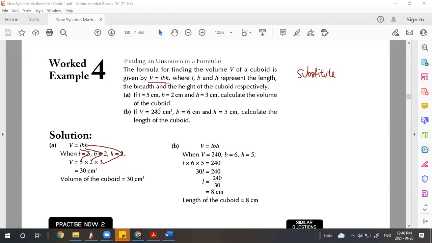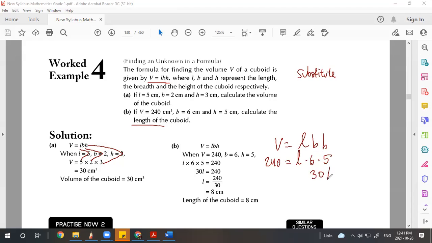And if volume is 240 cm cubed and B is 6, H is 5, how do you find the length? Again, you just switch this. So volume equals LBH. The volume is 240. The L is unknown. You have to find it because you are asked for the length. And B is 6, H is 5. So what is 6 times 5? 30.